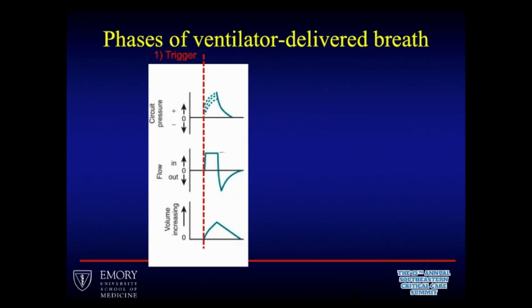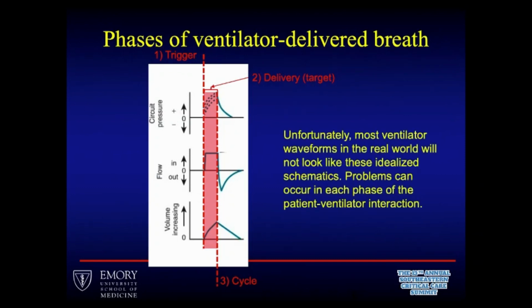Now, trigger sort of means that the patient begins it, but it's not always begun by the patient. The volume is then delivered through the delivery phase or the target or limit phase to some target, and then the ventilator cycles and the expiratory phase begins and is almost always passive, depending on the patient's lung mechanics.